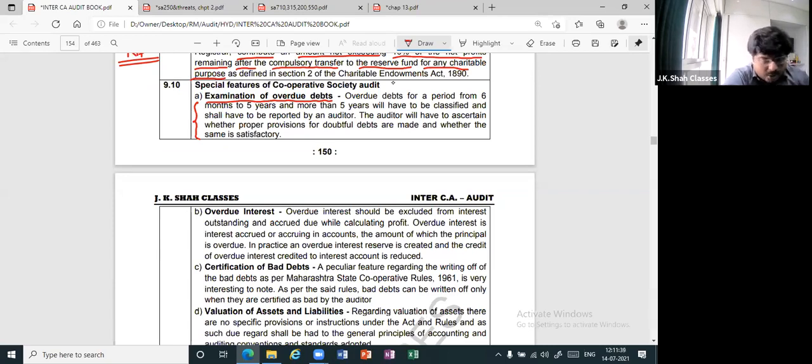It will be from 6 months to 5 years and greater than 5 years. Whatever your debts are will get classified into two categories.